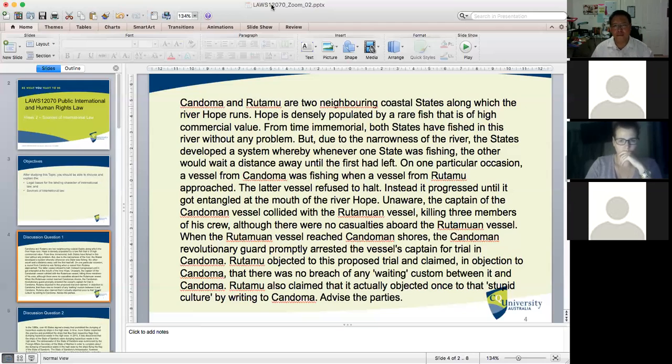In fact, that's the point. Because the idea of the creation or development of general customary international law is that it becomes binding on all or most states, even those states that have not engaged in the practice.